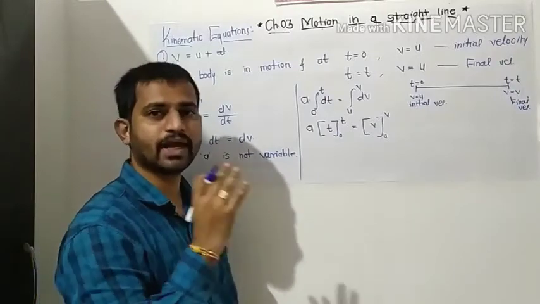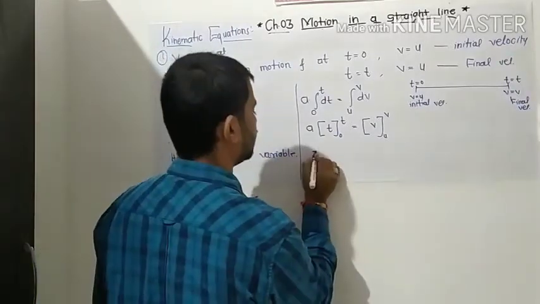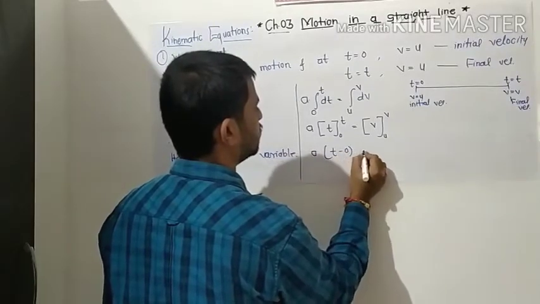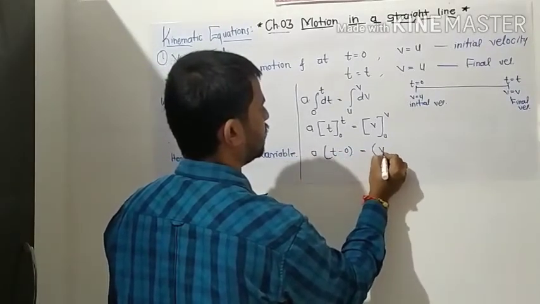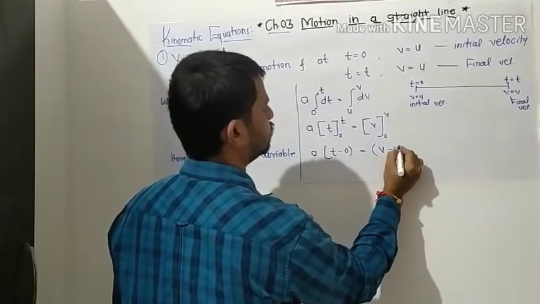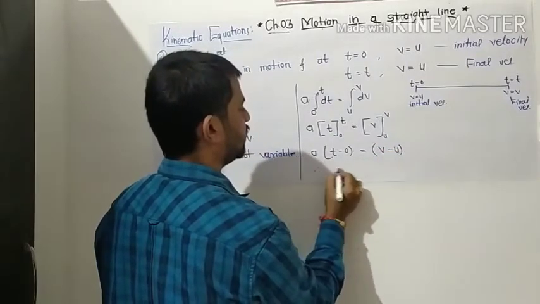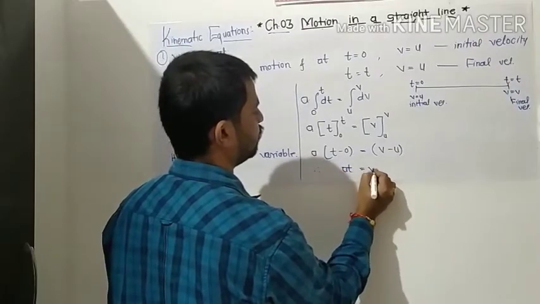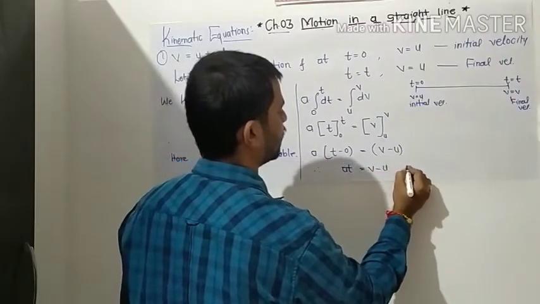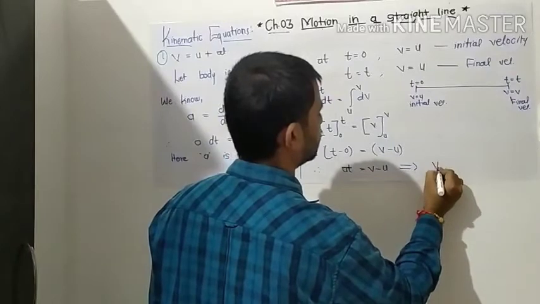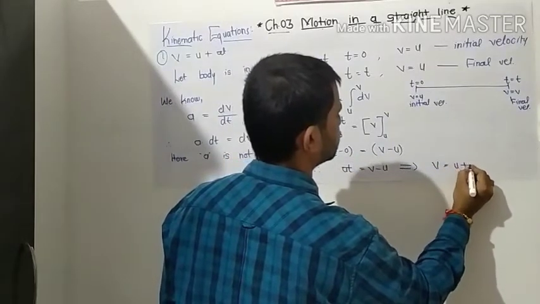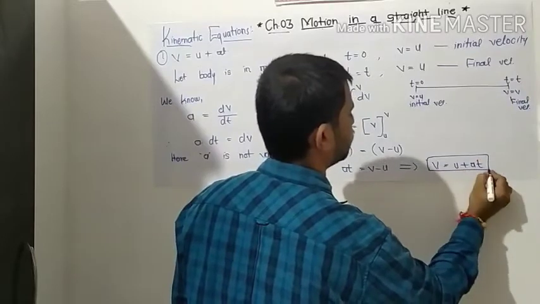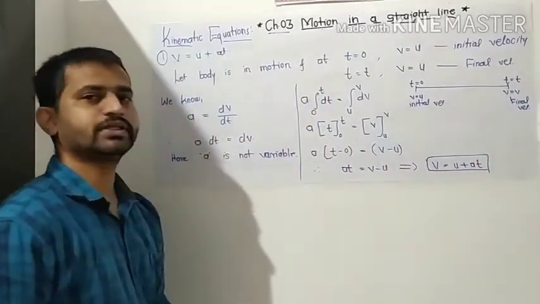Now we have to apply the limits. So we get a t minus 0 is equal to v minus u. So a into t is equal to v minus u, or we can write this as v is equal to u plus at.